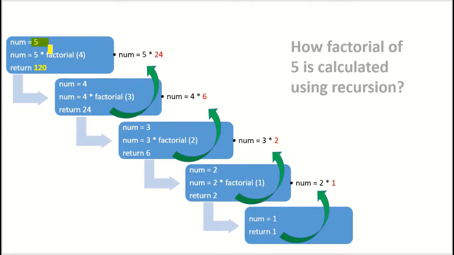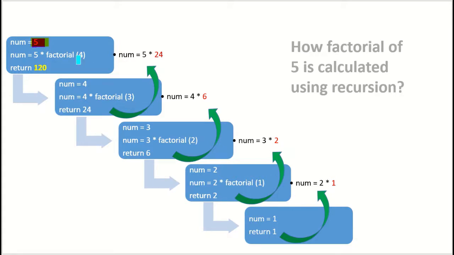When it is asked to calculate the factorial of number 5, it is storing the value 5 to num. Now num is equal to 5 star factorial of 4 is calculated.